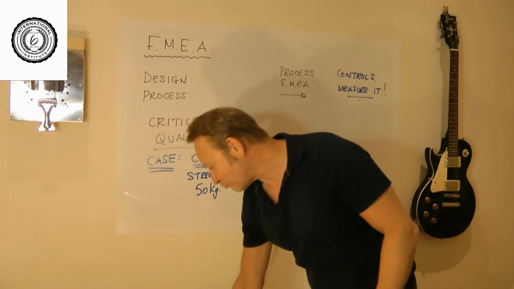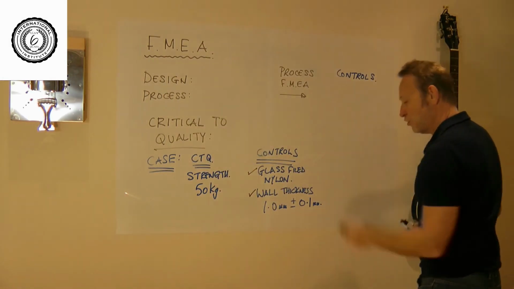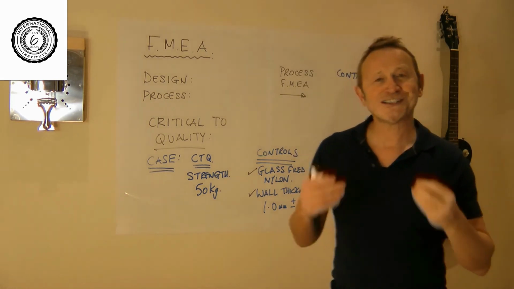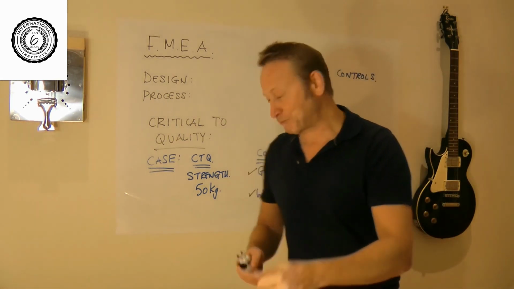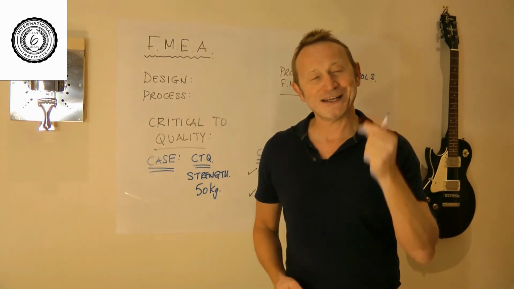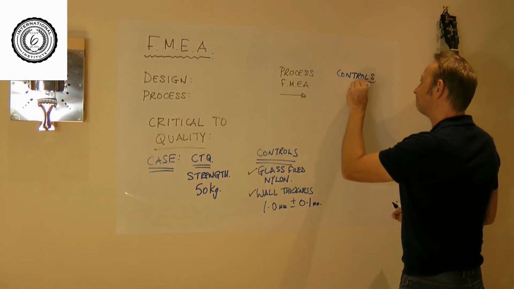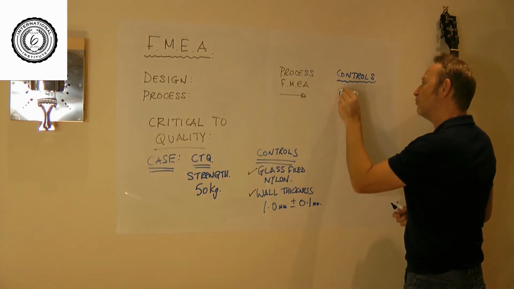No, process control. We're not going to measure it. We're going to figure out what settings exist on the molding machine that guarantee this. We're going to guarantee that this happens. Now we identify two controls.